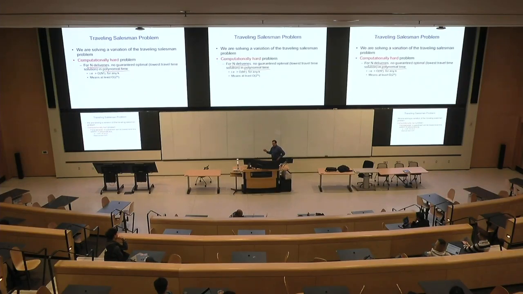Maybe it's 100, n to the 100th. Computationally hard is worse than any of those things. It means that no matter what k you pick, n to the 1000th, the compute time grows faster than that with n. Okay, you cannot pick any k where the compute time is bounded by n to the k.